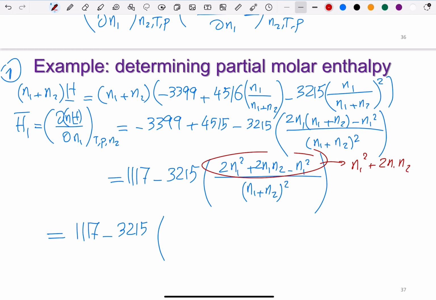I have 2 n1 squared minus n1 squared, so it's just going to be n1 squared, right? So I'm going to write it as n1 squared divided by (n1 plus n2) squared plus 2 n1 n2 divided by (n1 plus n2) squared. Do you see the mole fractions now?